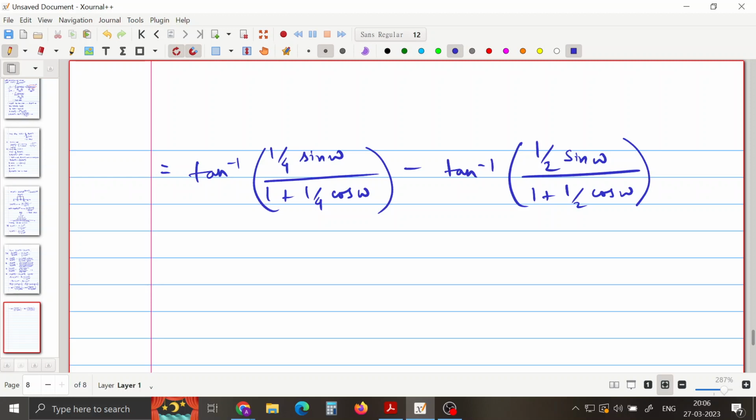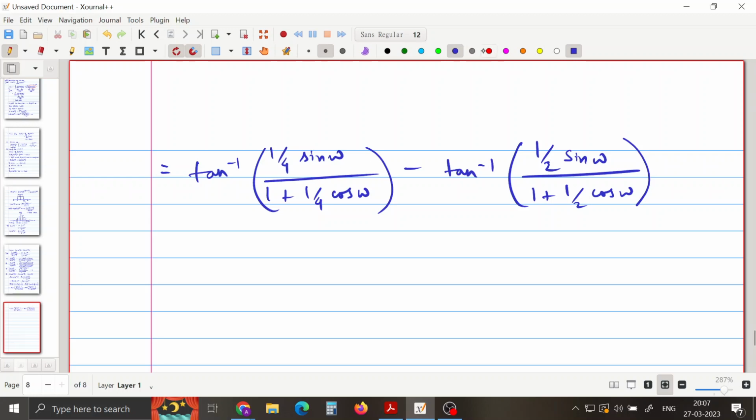You can also use some shortcut method if you can figure out how to find the phase, because it's actually a lengthy process. At least the way I am doing it is a lengthy process, but anyways. And now to further simplify this, we can use the tan inverse x minus tan inverse y formula.